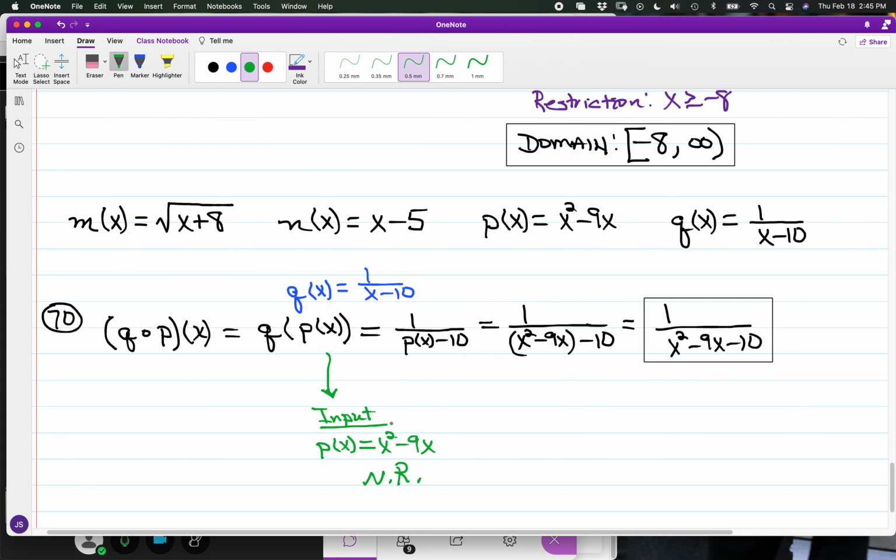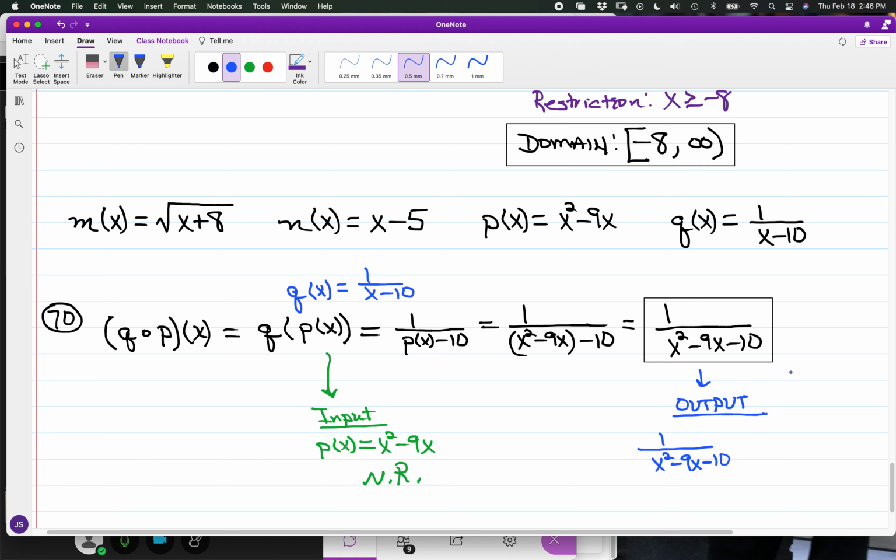Now on the other hand, with the output, we have 1 over x squared minus 9x minus 10.